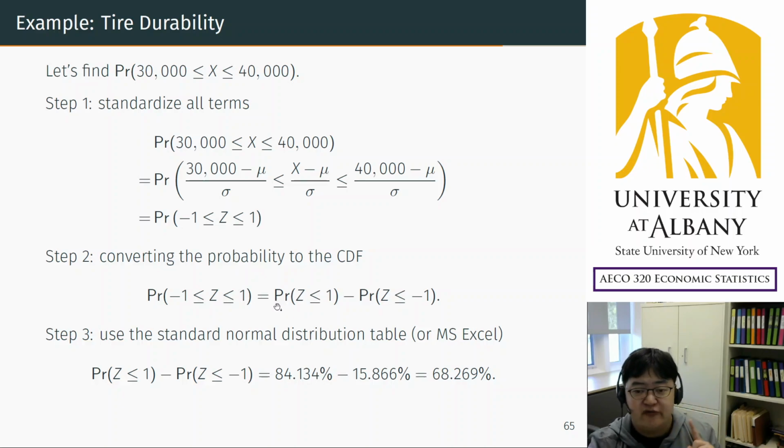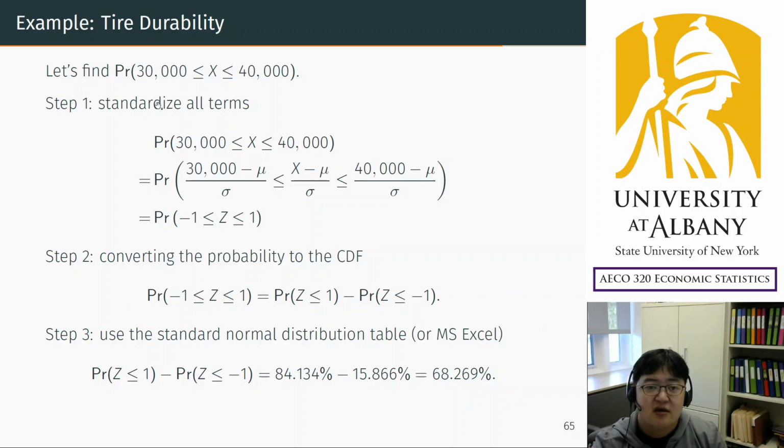So you have to first find the probability smaller than 1, then use Excel once, and then you have to use Excel again to calculate the probability smaller than -1. So if you find this, you are going to get 84, and if you find this, then you are going to get 15 something. So then subtract. That's how you calculate the final probability.